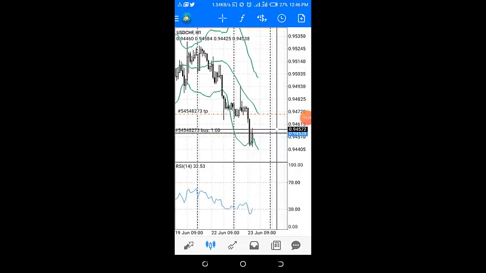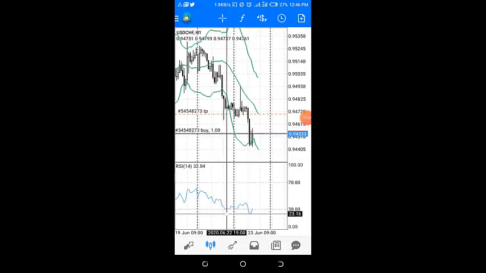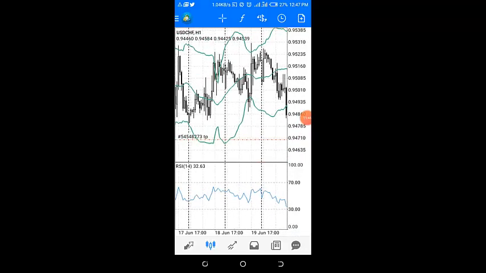It went to, let's analyze this, 22, right? So it was oversold to that level, and now it has started recovering, and therefore you cannot allow yourself to sell at this level.